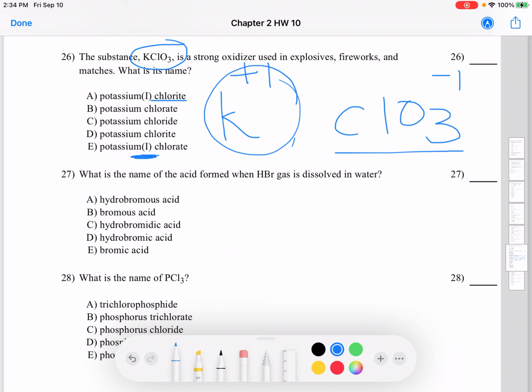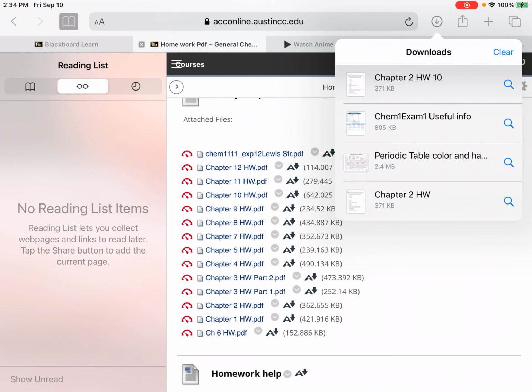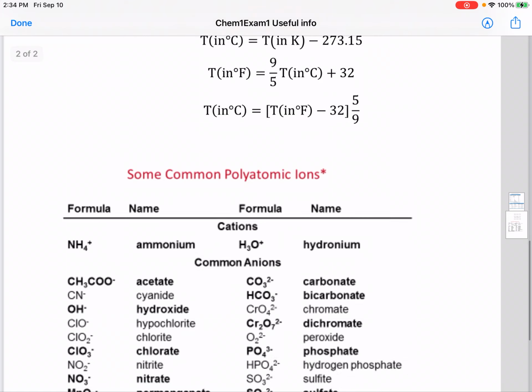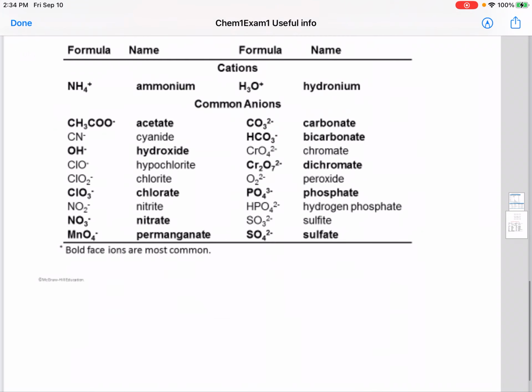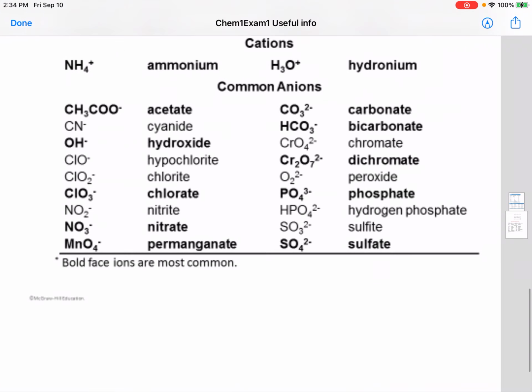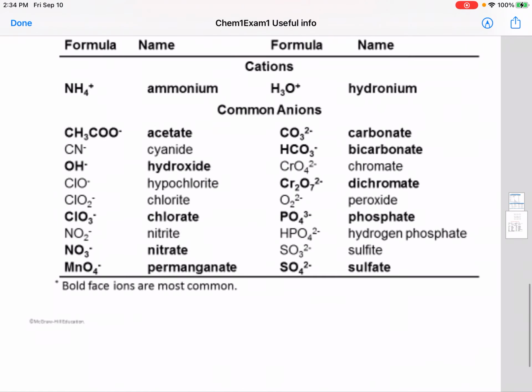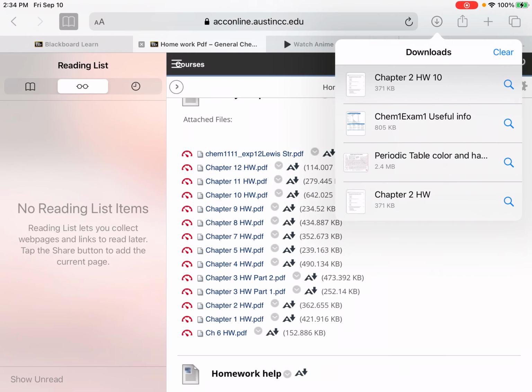Okay, so find out what is ClO3. So you know where to find out. I showed it to you. You see here, ClO3, chlorate. So you figure out like that.